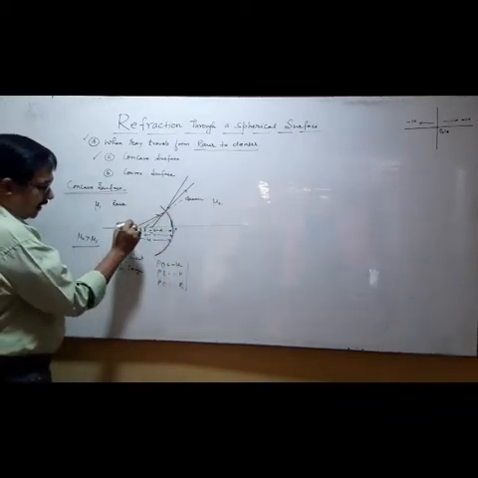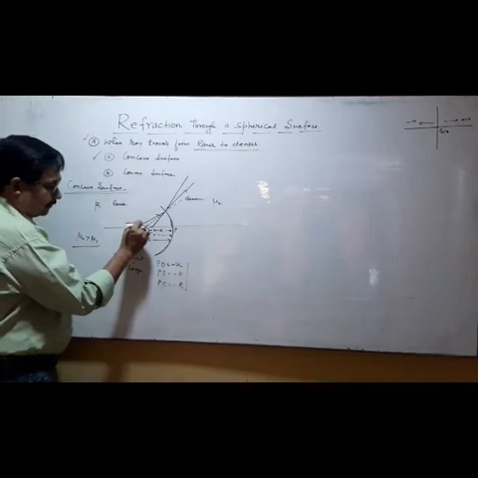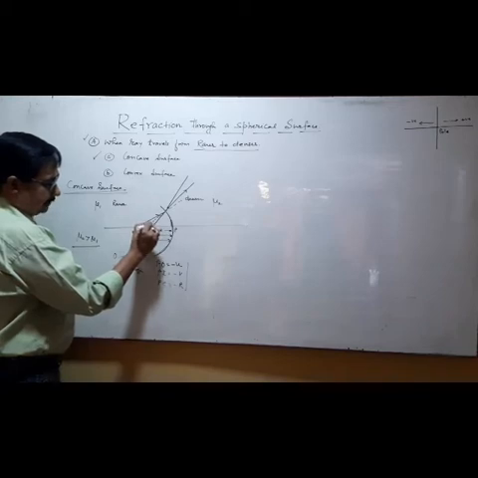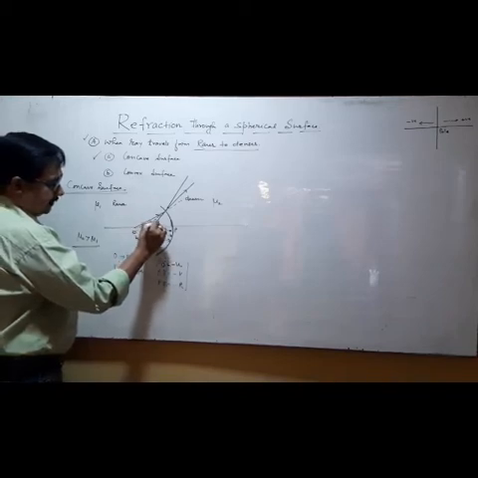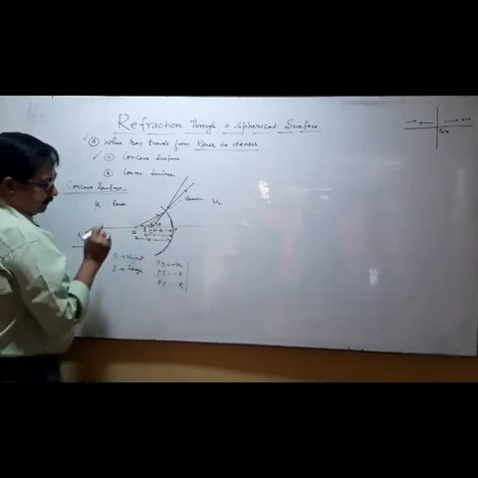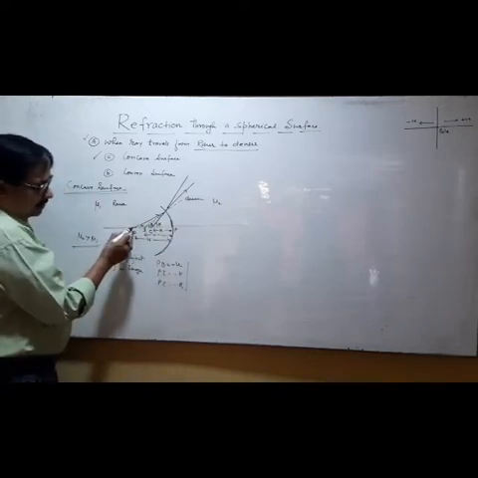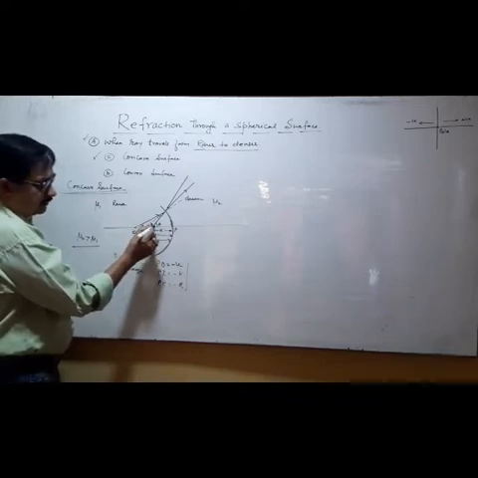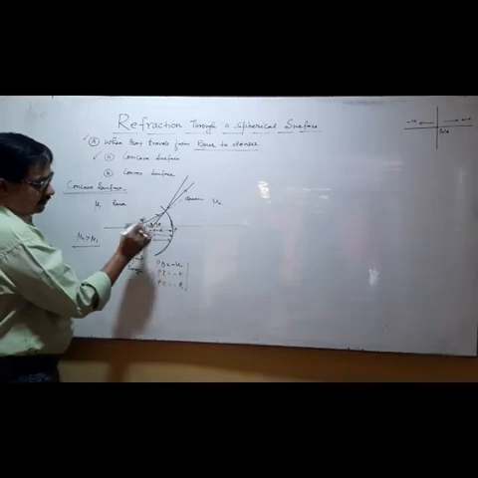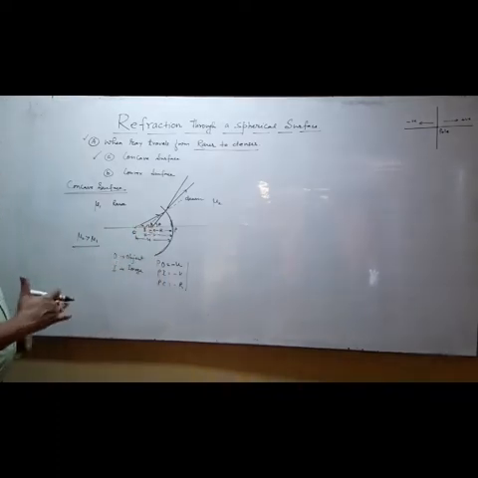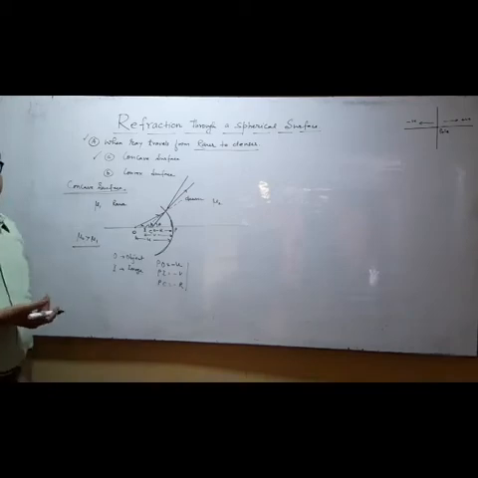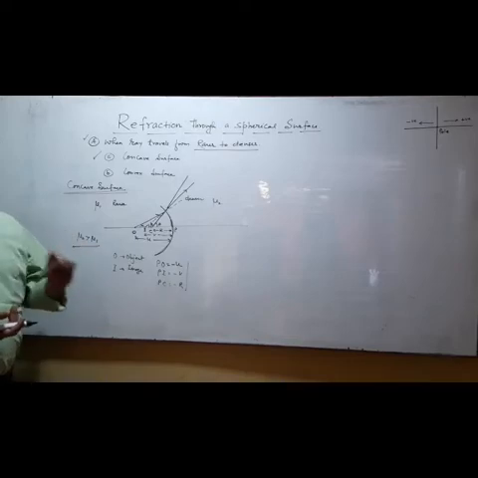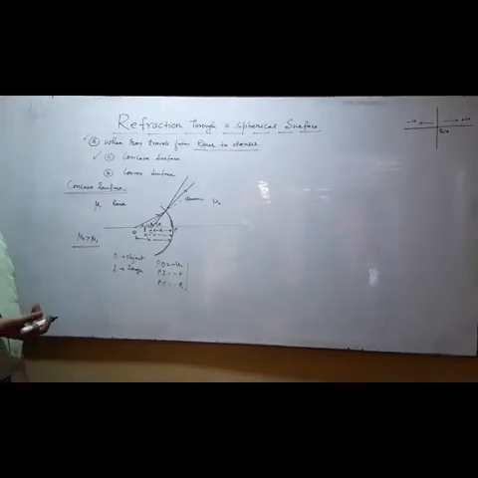Now, if we take this angle as alpha and this angle is beta and this angle is theta. See, angle alpha is with this object, angle beta is with this image and angle theta is with center of curvature. Now again, we have to write angle of incidence and angle of refraction. What is the angle of incidence?